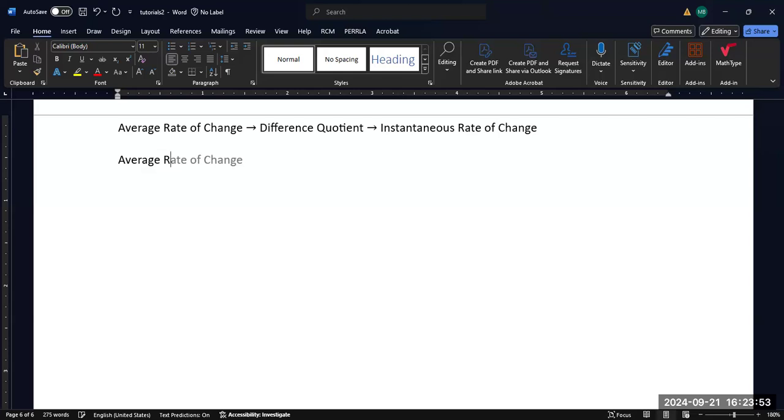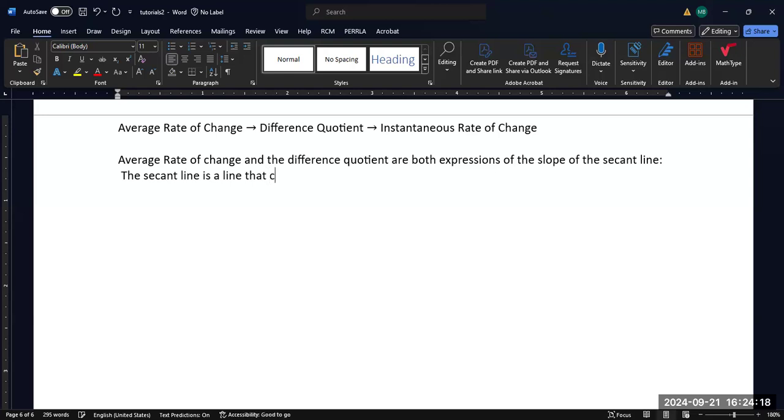So the average rate of change and the difference quotient are both expressions of the slope of the secant line. So recall that the secant line is a line that connects 2 points on a graph.